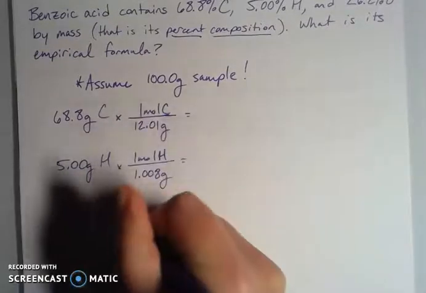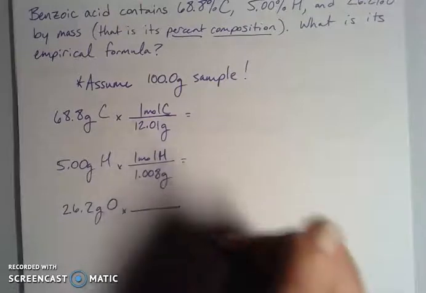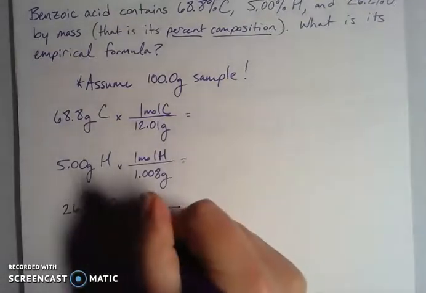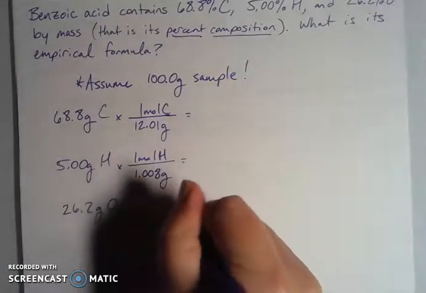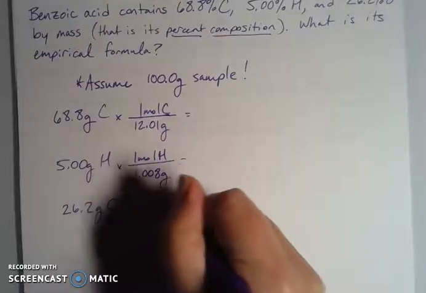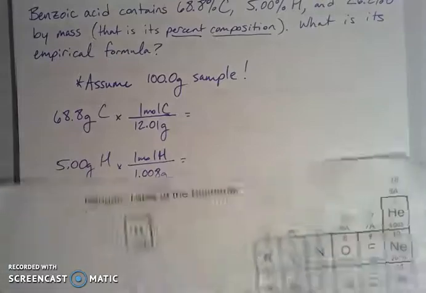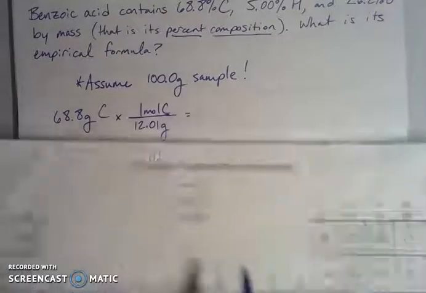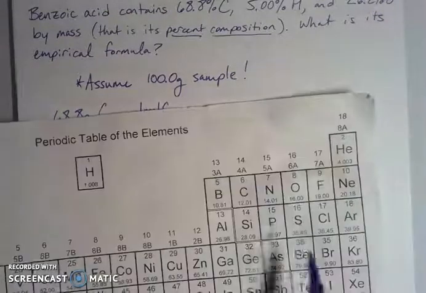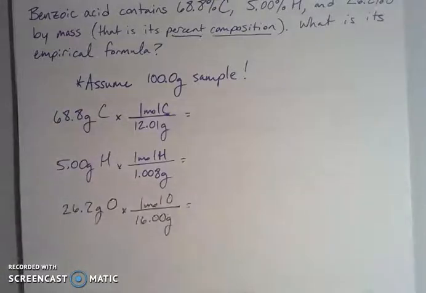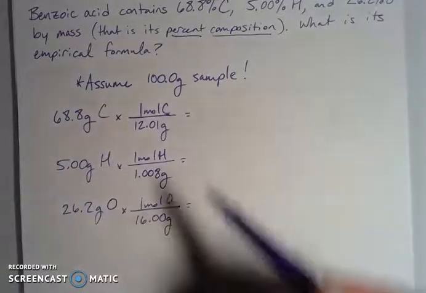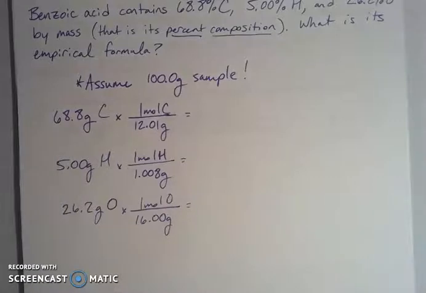So I'm going through and finding my molar masses based on where things are in the periodic table. So I took the mass of my carbon, the mass of my hydrogen, and the mass of my oxygen, and using those I can figure out how many moles of each I have in a 100-gram sample given these mass percentages.